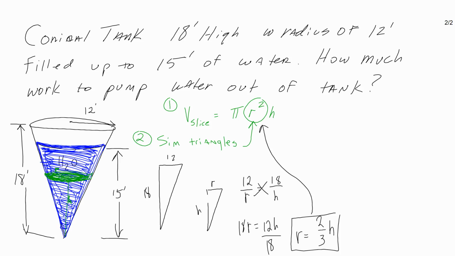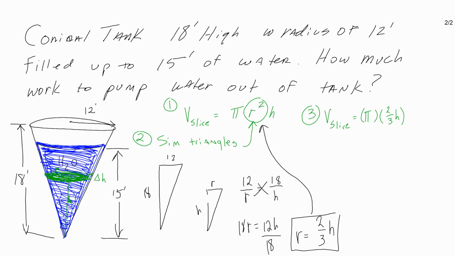So put my green marker back in effect. The volume of the slice is equal to pi, parentheses, 2/3 H, and what is the height of this guy? Delta H. And the reason I use H is for hair.